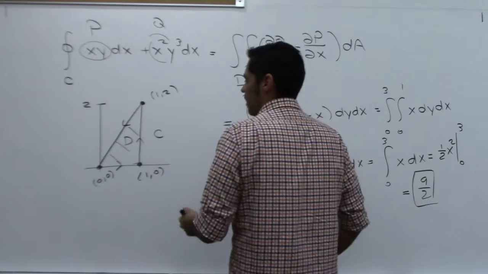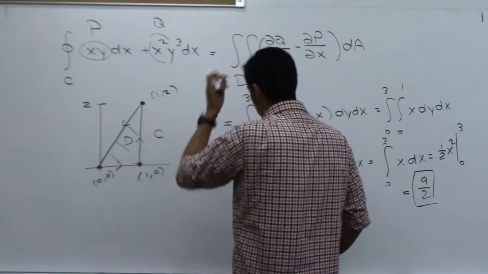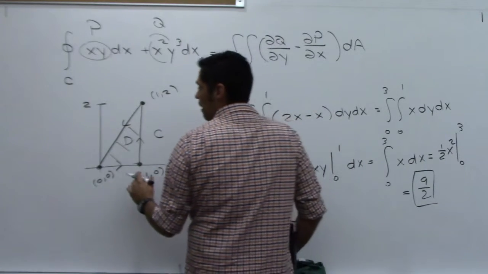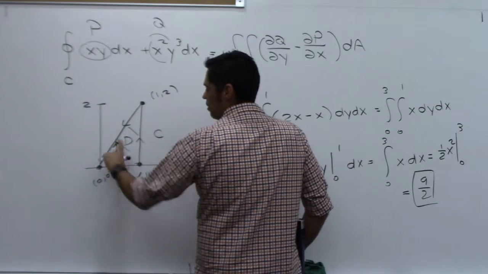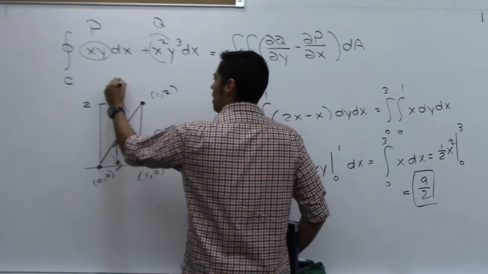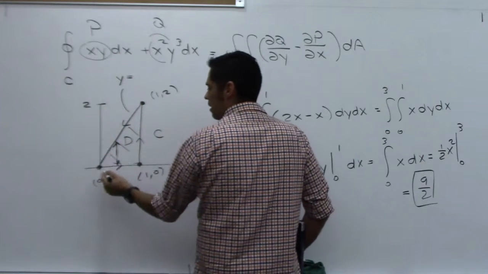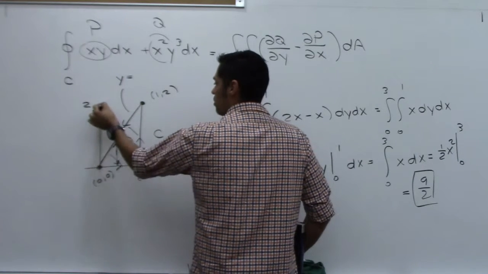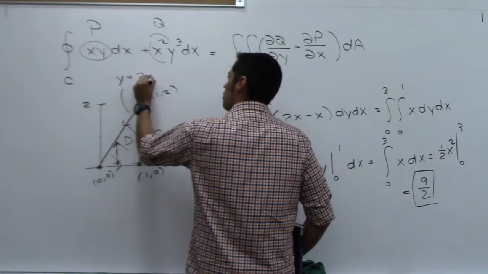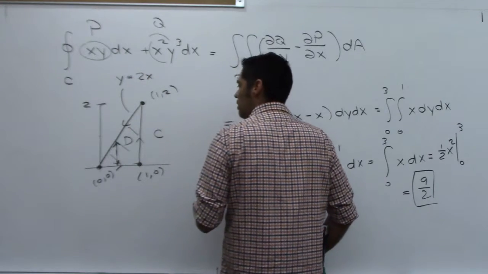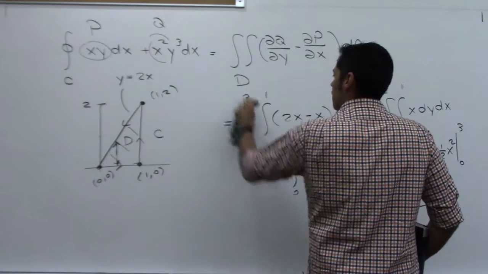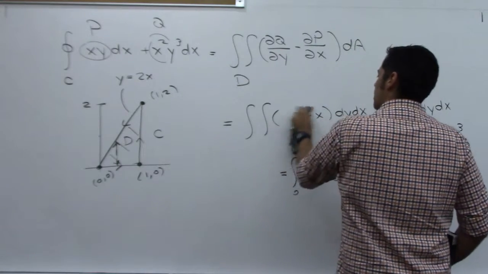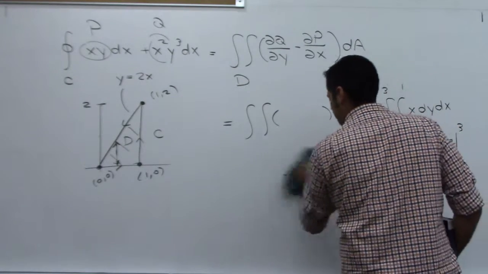And I'm going to convert this to a double integral. So I just need to look at it as a type 1 region. So I need to figure out the equation of this line. This is y equals, let's see, y-intercept is 0, slope is 2 over 1, so 2x, and that's the equation. So my double integral is going to change over here.